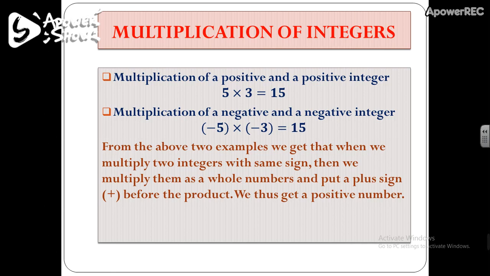We multiply them as whole numbers and after getting the product we just put a plus sign before the product. In this way you can multiply two integers having the same sign. Now let's see the multiplication of three or more negative integers.